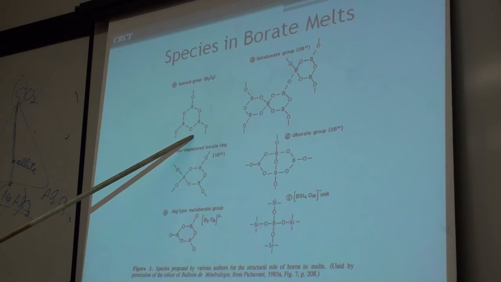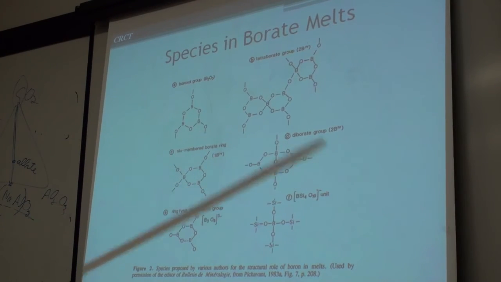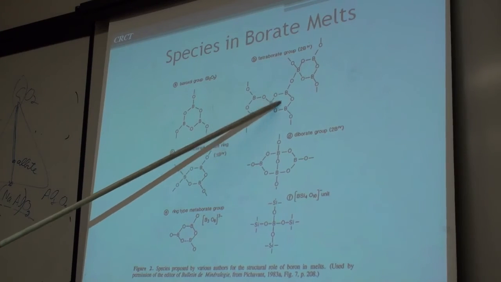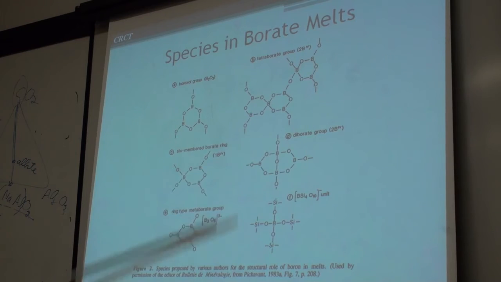You have the boroxyl group, which is boron with 3 nearest neighbor oxygens, kind of like a puckered plane. The boron's here, the 3 oxygens are down here. There's a lone pair of electrons up here. But the boron can also find itself in tetrahedral coordination, and it can form tetraborate groups mixed up with triborate groups.